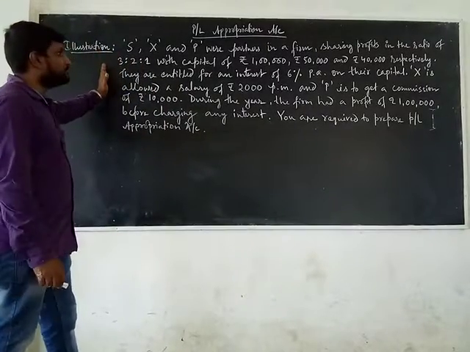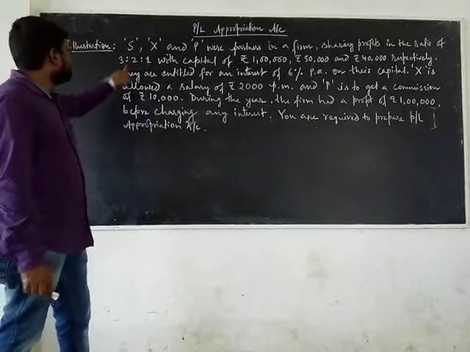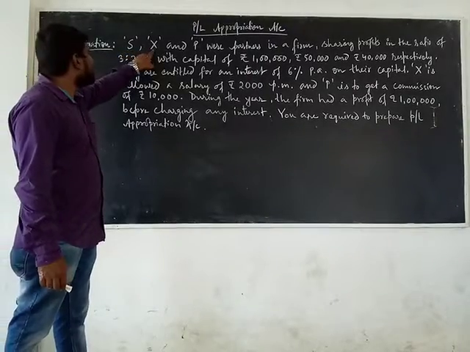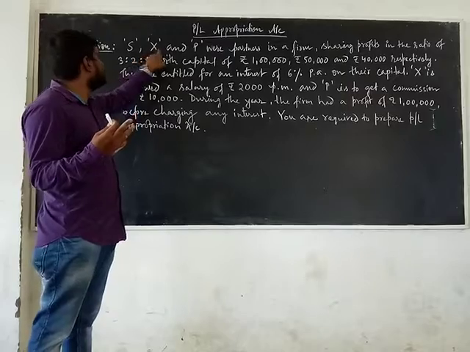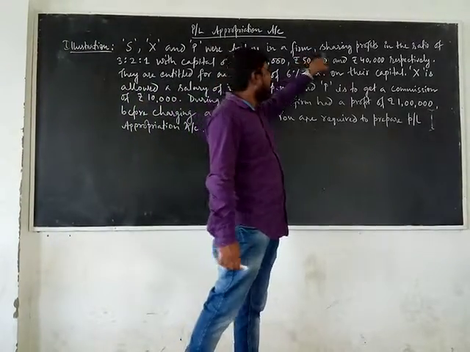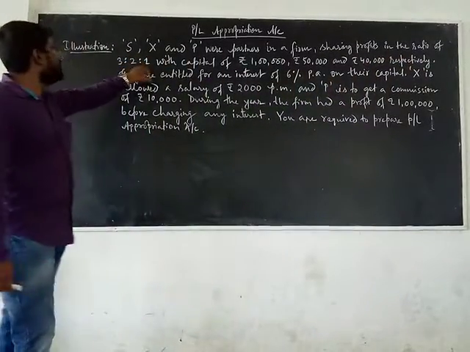I will discuss every line thoroughly. Now see here, as we are discussing a partnership firm, three partners are there. How many partners? Three. S, X and P were partners in a firm, sharing profits in the ratio of 3:2:1.